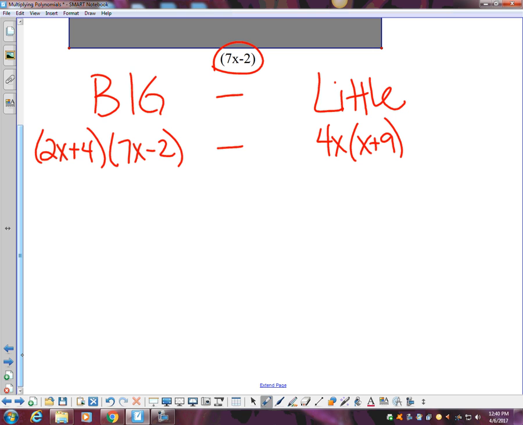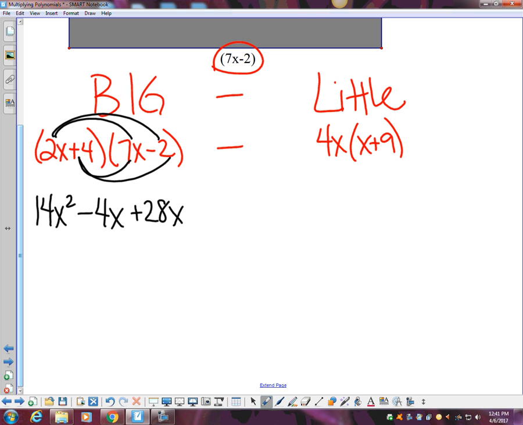The big is a lobster, though. Here I go. That would be 14x squared. And that would be a negative 4x. And that would be a positive 28x.